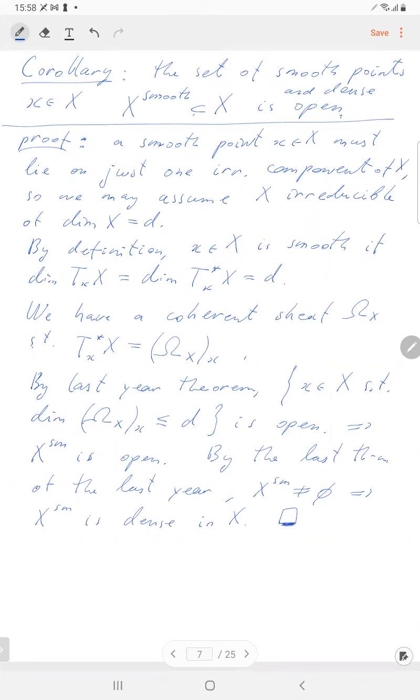Fine. Now the next thing is another explicit computation of the sheaf of differentials, but not in the affine case, but in the projective case, namely for projective space. So, an explicit computation of the Kähler differentials of projective space.